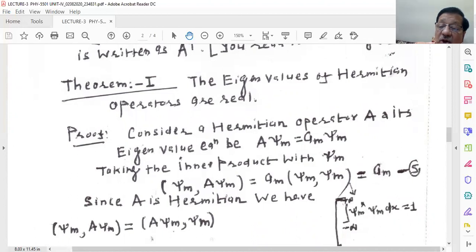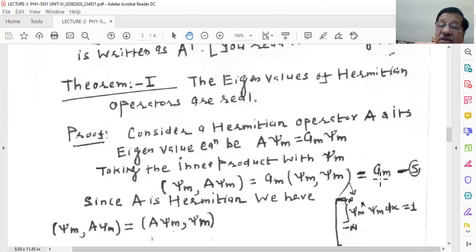And you know the norm of the wave function is 1 because it is a normalized wave function. So if it is 1, then you can write that it is simply the eigenvalue a m, which we have mentioned here.